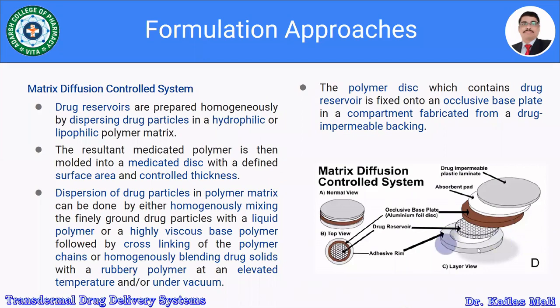So in the adhesive rim, we are supposed to place this drug reservoir layer, isn't it? And then we are supposed to place the occlusive base plate, then the absorbent pad, and the drug impermeable plastic laminate. Look at the inside. So here it's a view of the adhesive patch.